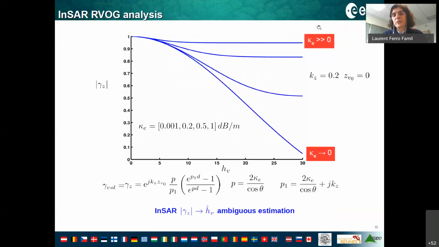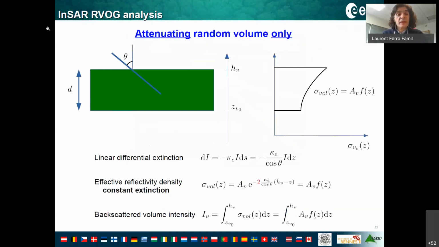But when the extinction becomes larger, this cardinal sine shape is modified, and we start to have an increase of the curve, which tends toward a flat response in this domain. So why do we have this? Simply because when the extinction is extremely large, the reflectivity is characterized by a peak here and a sudden decrease to zero.